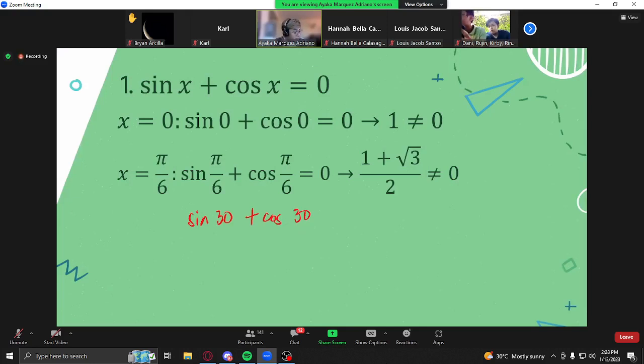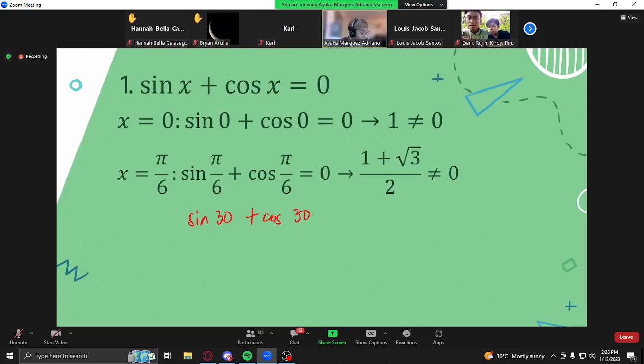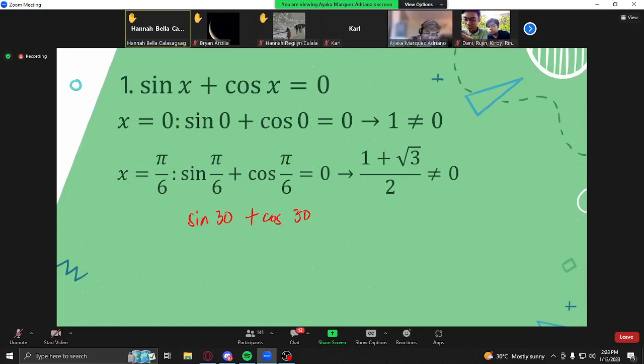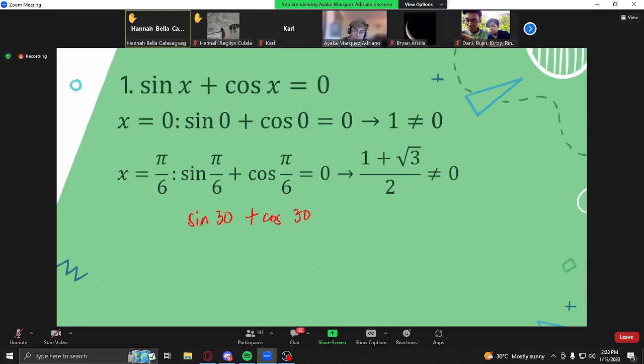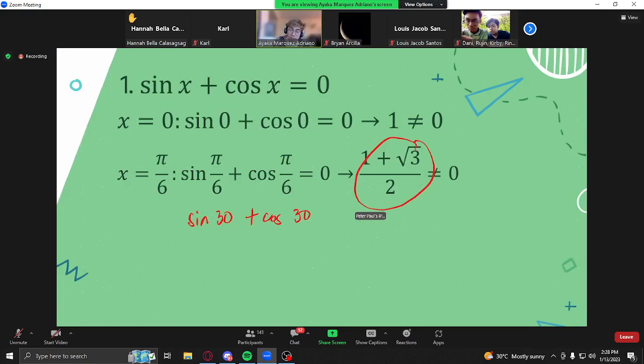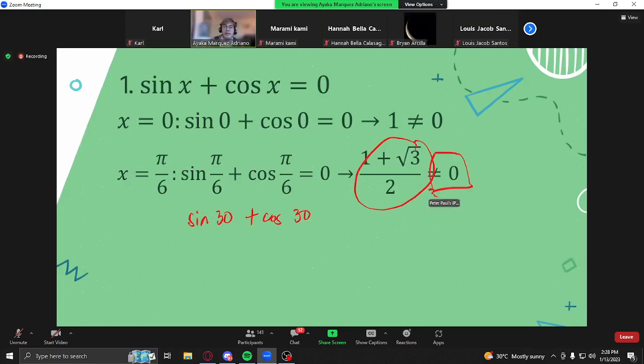What is the answer? Hannabella? 1 plus square root of 3 over 2. Actually, nakasulat na siya dito. And still, it is not equal to 0. So we cannot accept pi over 6 radians as the correct answer.